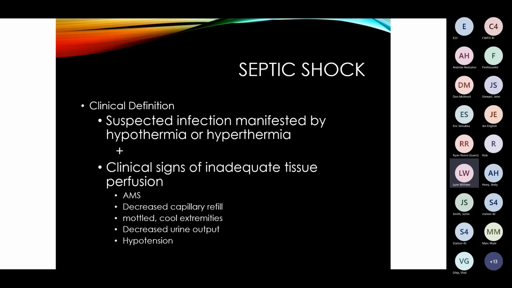Decreased urine output. You're not going to be with the child, hopefully, that long, but you ask the mother, when did they last have a diaper change? When did they last urinate that you knew? Anyone who has kids knows that kids pee all the time, especially when you're going on a trip.